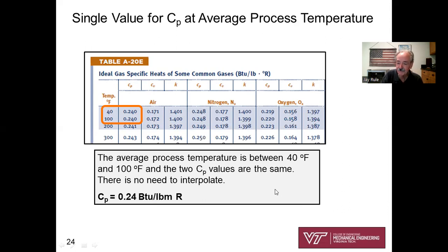Both of my temperatures are in between those, and C sub P is 0.24 for both of those. So I don't have to do any interpolation at all. By my eyes, I say CP is 0.24 for my process. There it is. Easy. Okay, great. So that tells you how to get CP is 0.24 for air, kind of at room conditions. There you go.